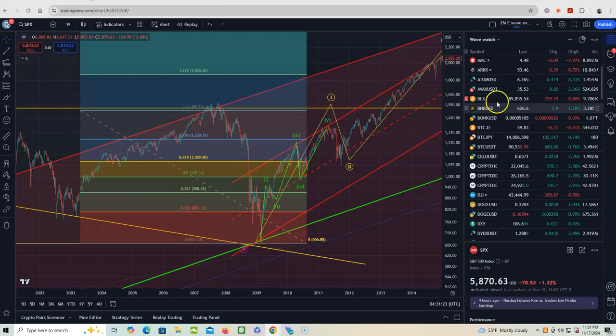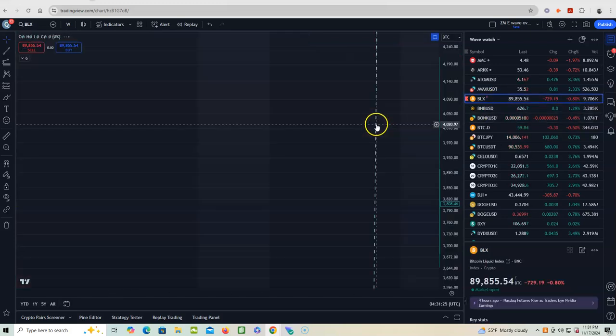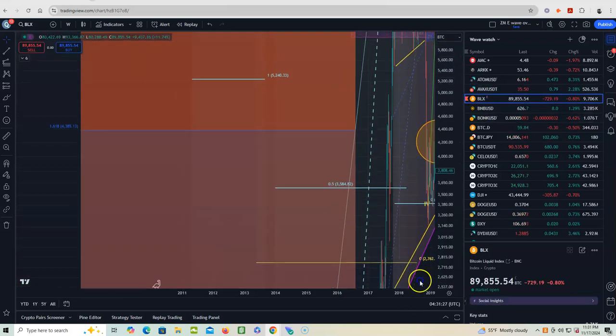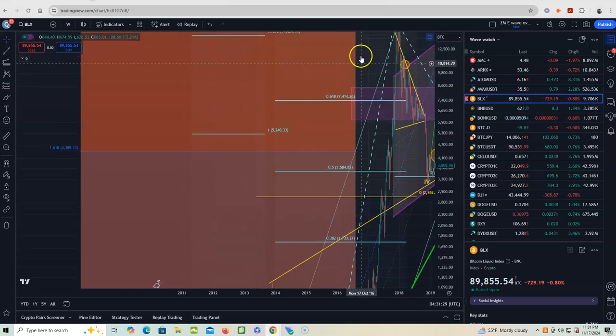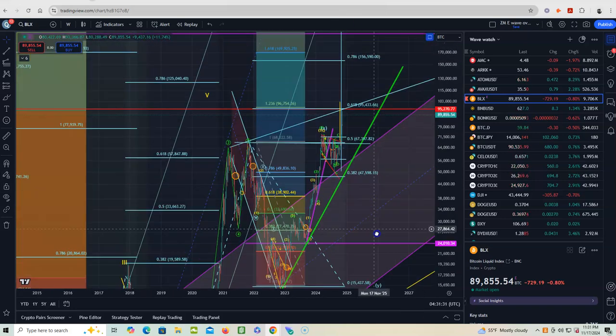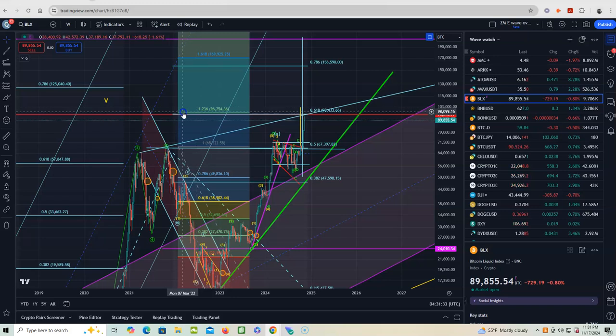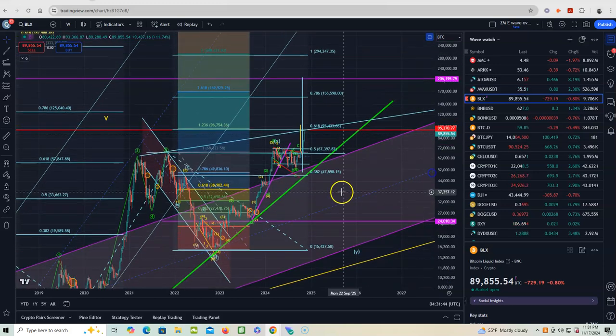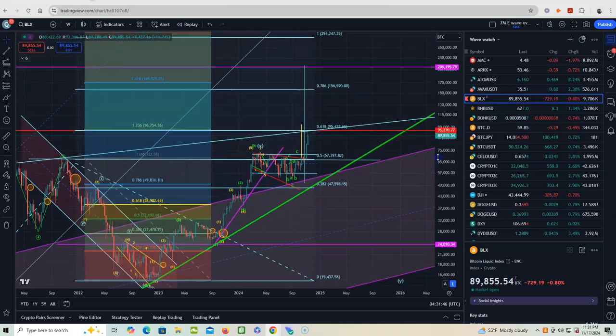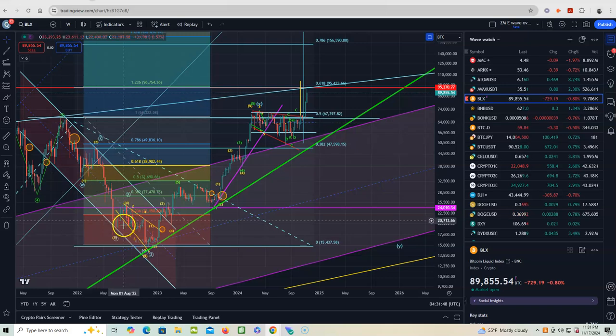So if we overtake this B wave or potential X wave at this top here, if we overtake 96,000, 95,000, and we go say, I don't know, 170,000, 150,000, if we go somewhere around there, then yes, WXY is off the table.